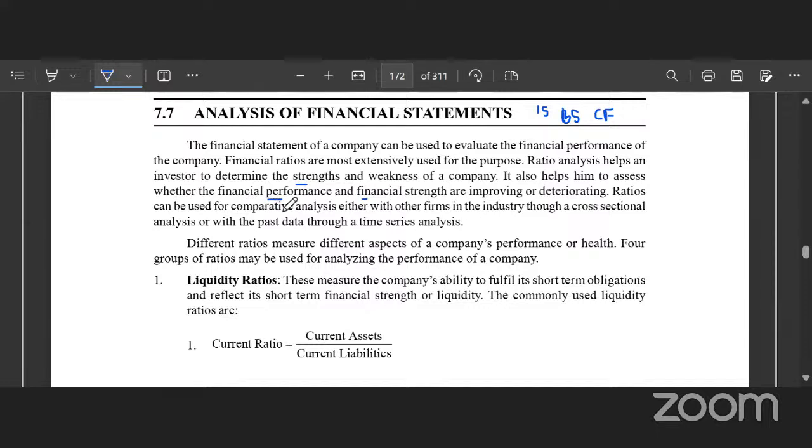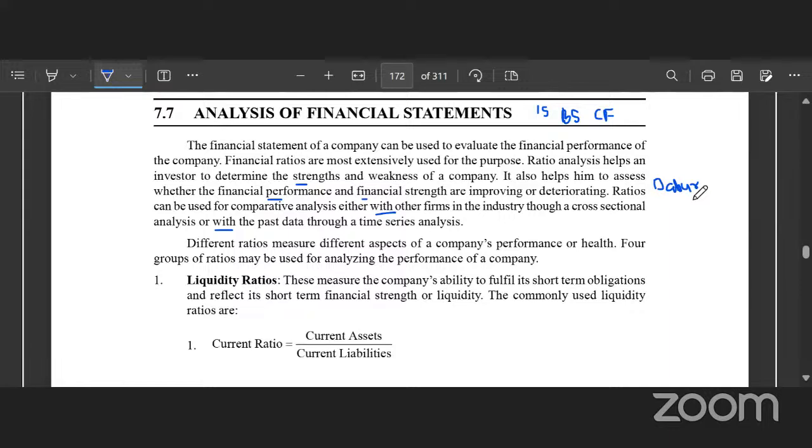Ratios can be used for comparative analysis, either with other firms in the industry through cross-sectional analysis, or with past data through time series analysis. Say suppose I would like to analyze FMCG company Dabur. I can do this financial statement analysis on Dabur in two ways.